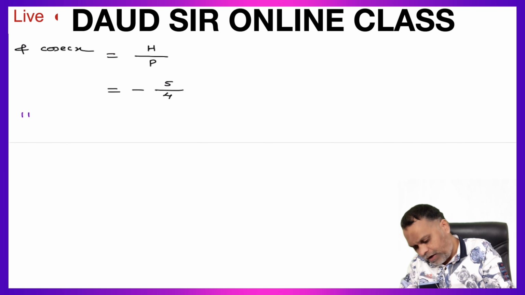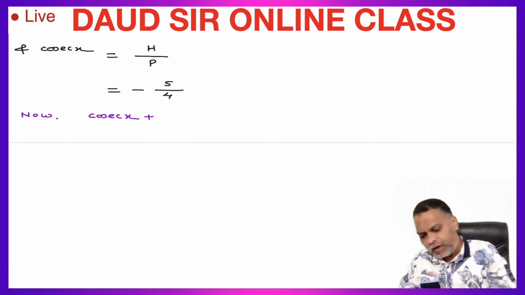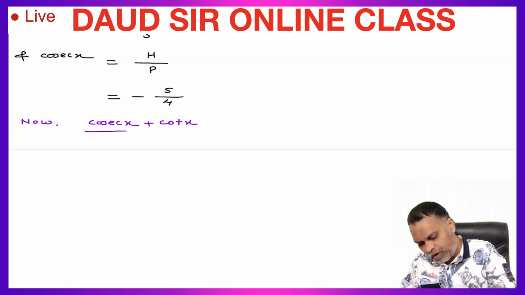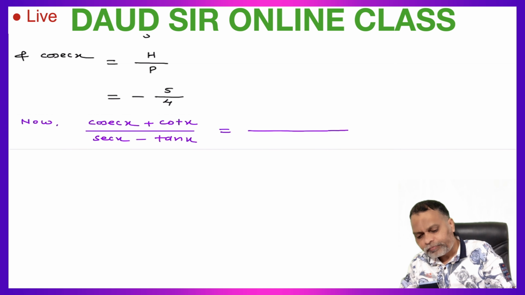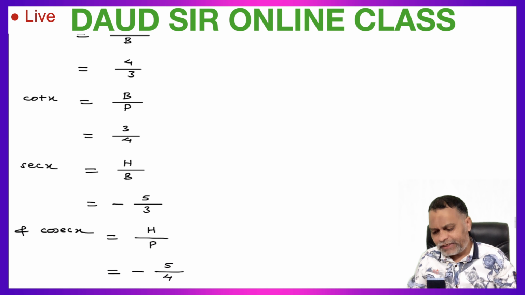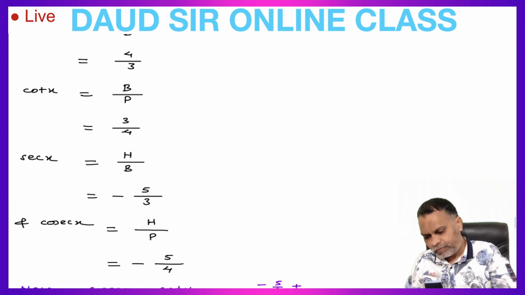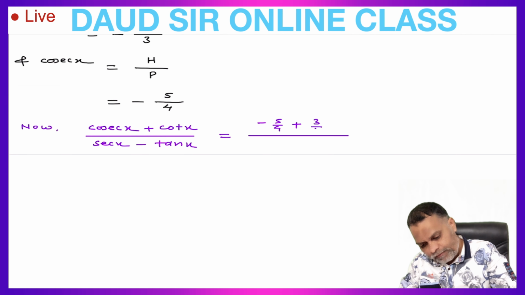So cosec x plus cot x upon sec x minus tan x is equal to the value of cosec x, this minus 5 upon 4, plus the value of cot x, this 3 upon 4.